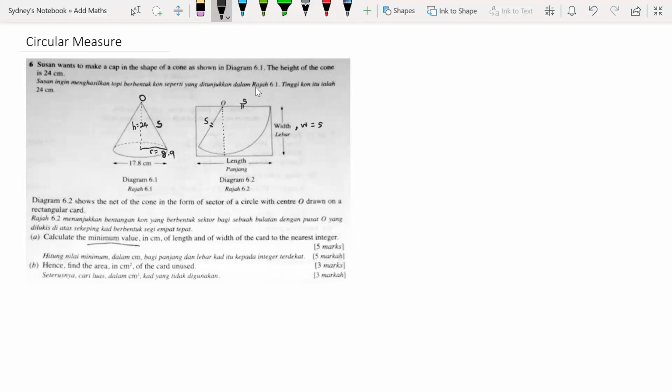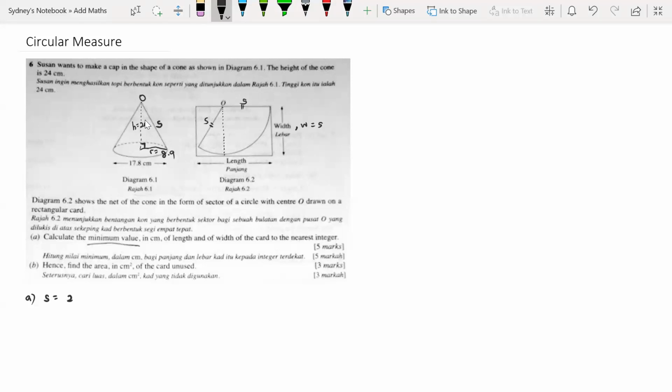How do we find the S? By looking at the cone. Can you see that it is actually a right angled triangle? So we can use the Pythagoras theorem to find the value of S. So for part A, let's find the slanting length.